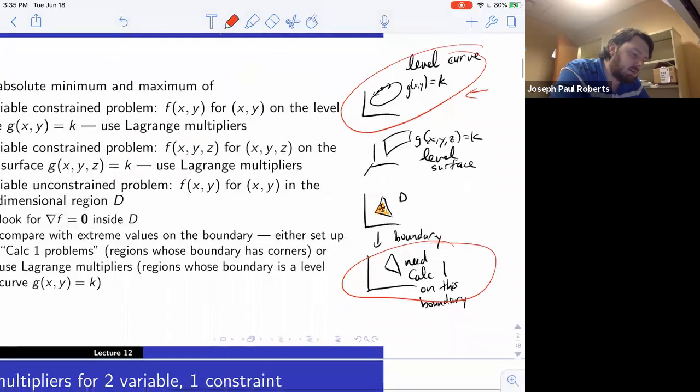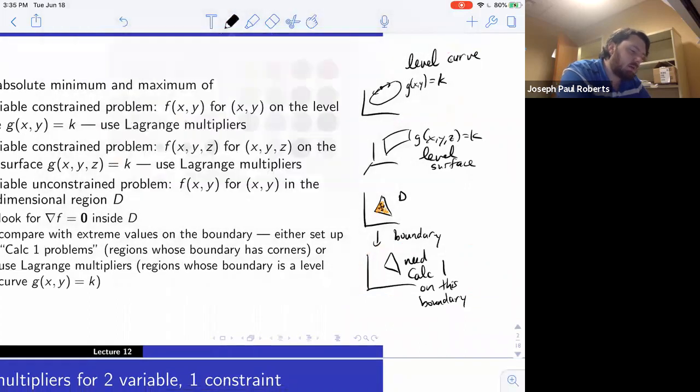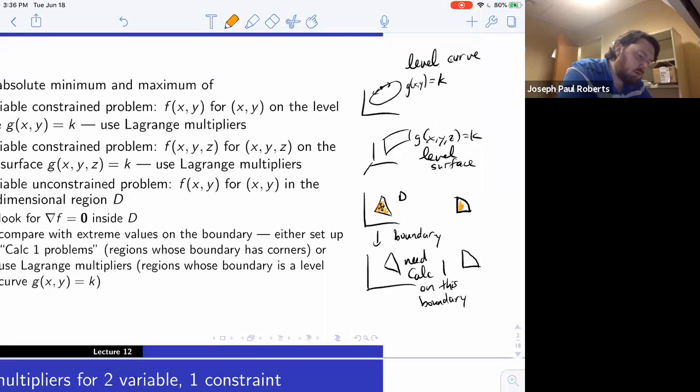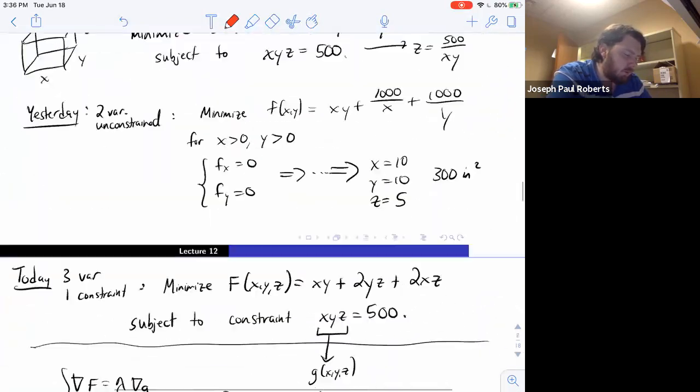I know yesterday we did another one where the boundary was a line segment and a piece of a circle. And so the idea is that whenever your region has corners, which require the boundary to have a piecewise definition, you're going to want to do what we did yesterday and set up those Calc 1 problems on the boundary. But if your boundary instead doesn't have corners, then it's probably your best bet to use Lagrange multipliers on your boundary. So let me show you how that could work.